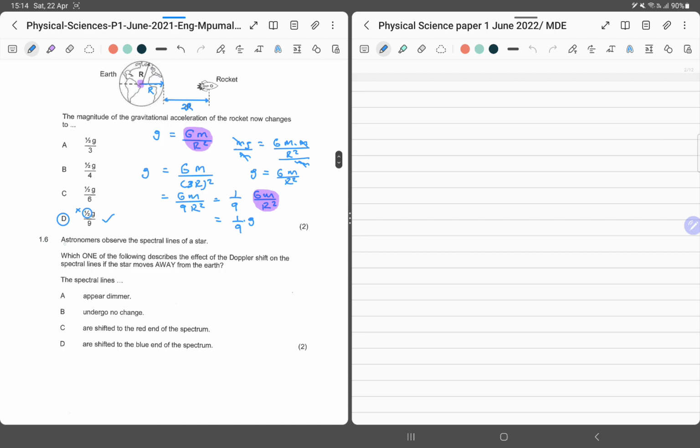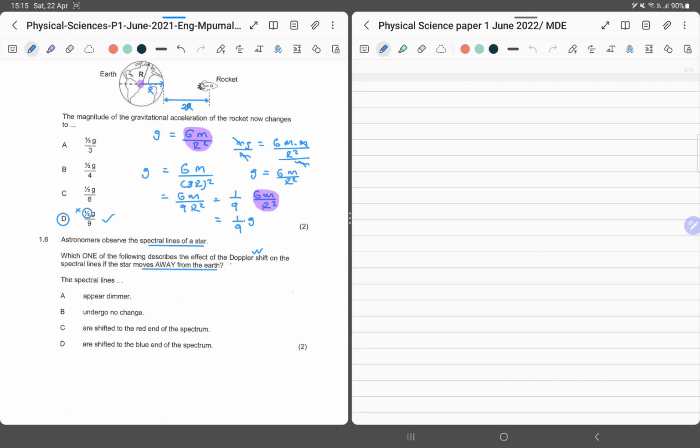Anyway, let's move on. Astronomers observe the spectral lines of a star. Now we're doing the Doppler effect in terms of the stars or the universe. Which one of the following describes the effect of the Doppler shift on the spectral lines if the star moves away from the Earth?